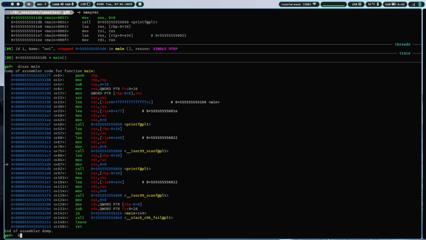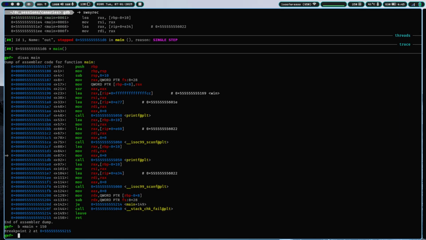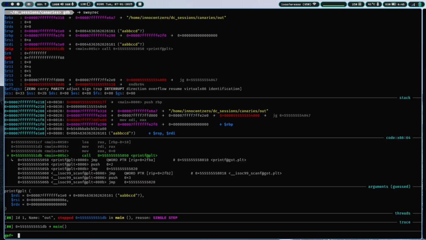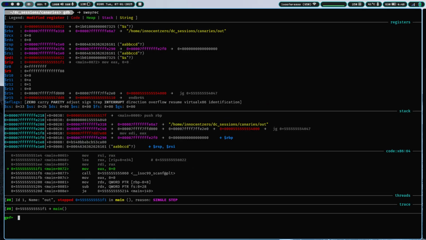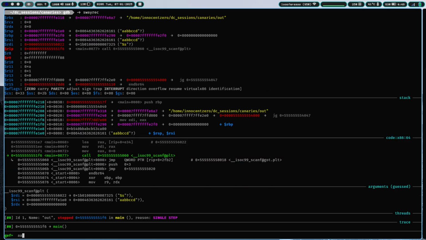So I have set up a breakpoint at ret, and once again I do not care about the printf. Scanf. ABCCD.